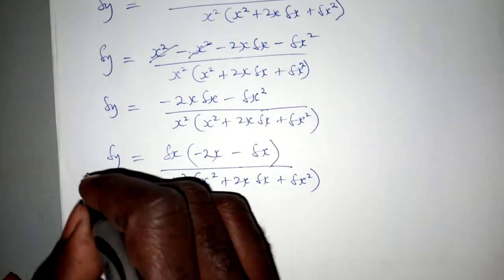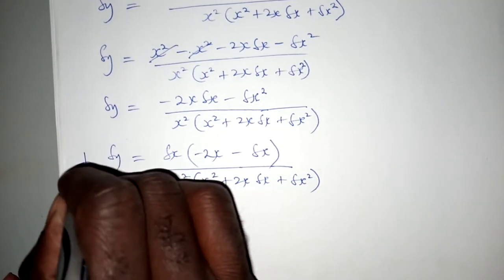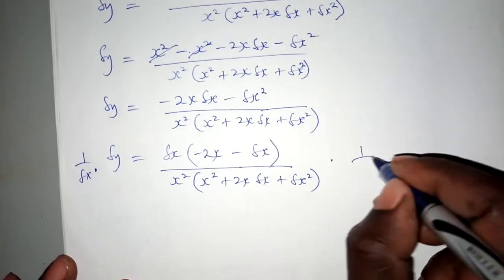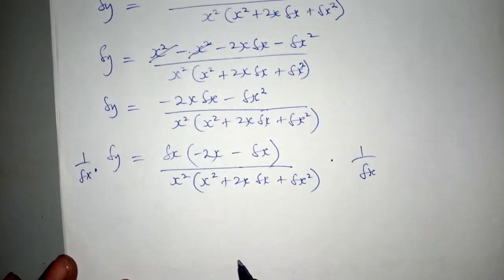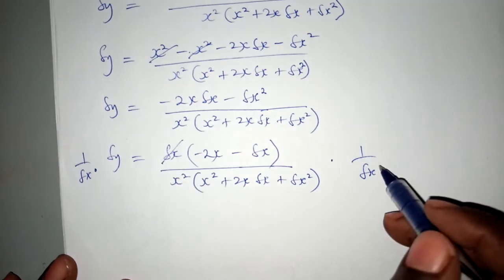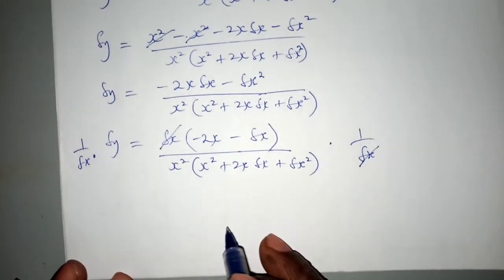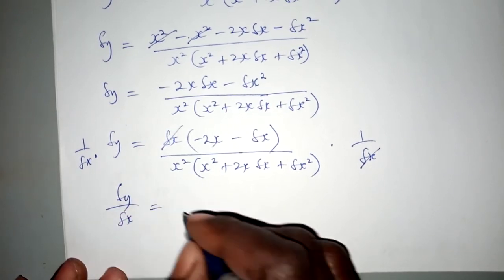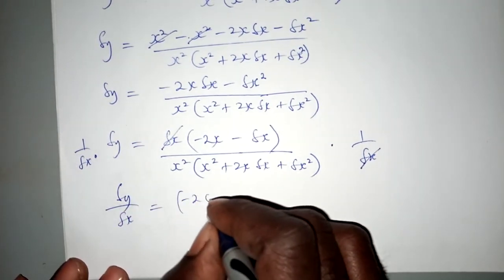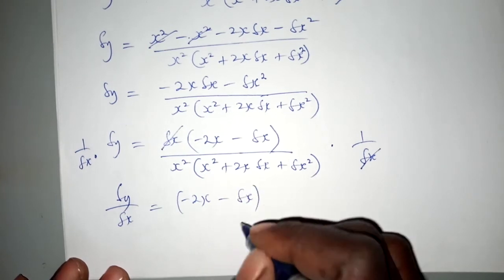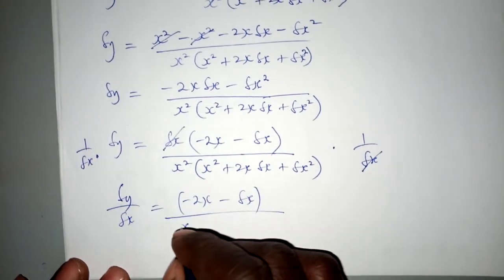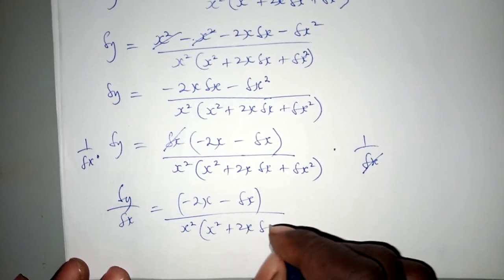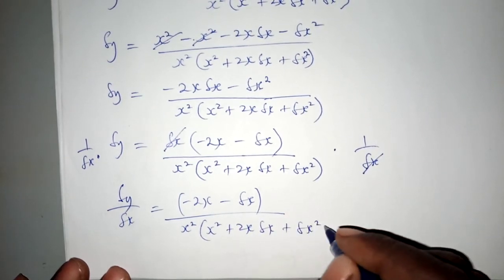So from here, I will multiply by 1 all over delta x. So this delta x will take care of this. So we have delta y by delta x is equal to minus 2x minus delta x, everything all over x square into x square plus 2x delta x plus delta x square.